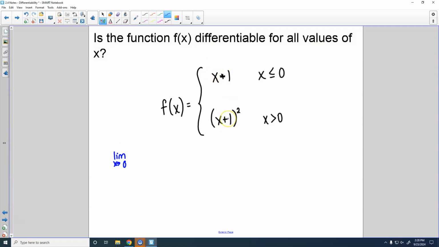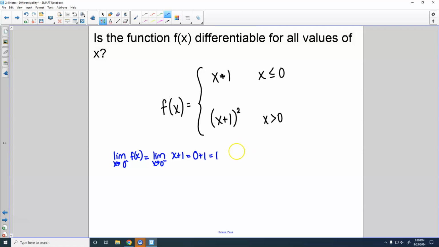This is just a quadratic. The only one that we're not going to have continuity at is at the point where these two pieces come together, right? So limit as x approaches 0 from the left of f of x is just going to be the limit as x approaches 0 from the left of x plus 1, and that is going to be 0 plus 1, which equals 1.